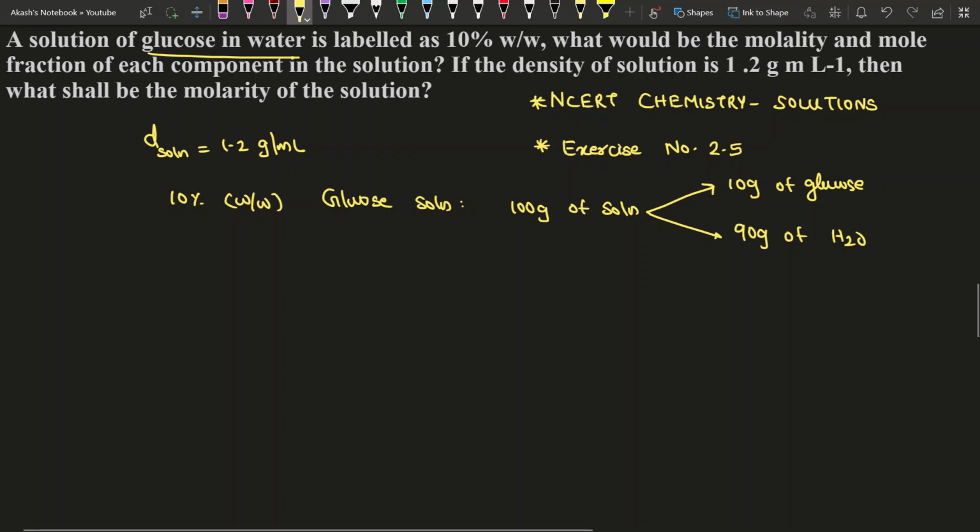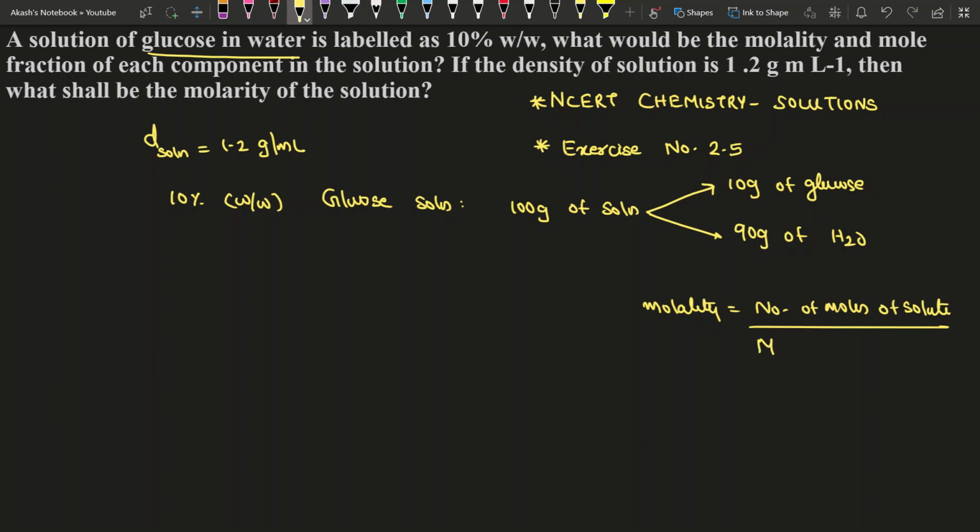We know that if you want to calculate molality, it is equal to number of moles of solute divided by mass of solvent in kilogram.